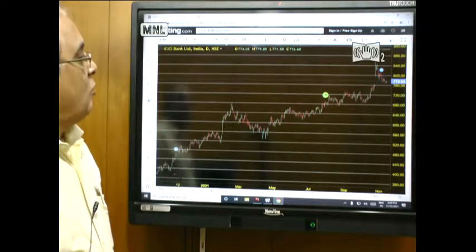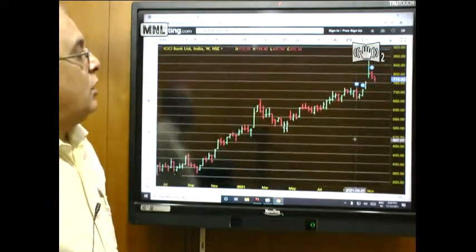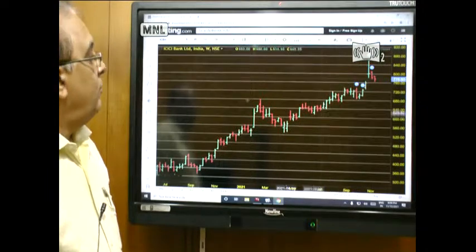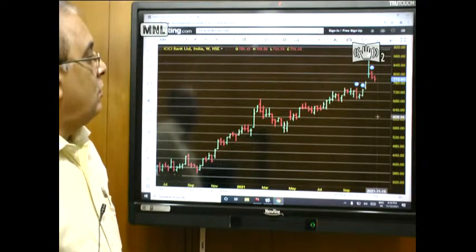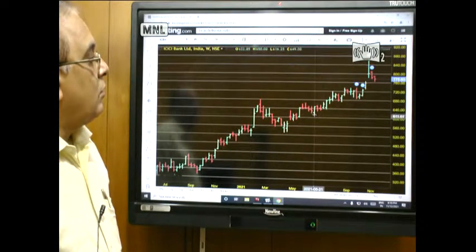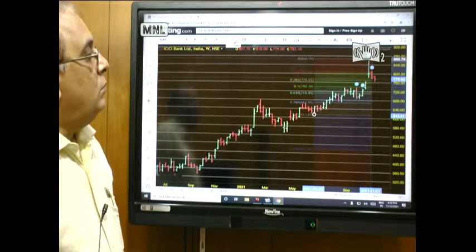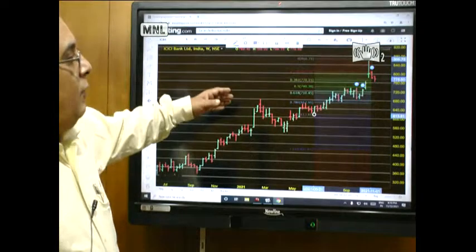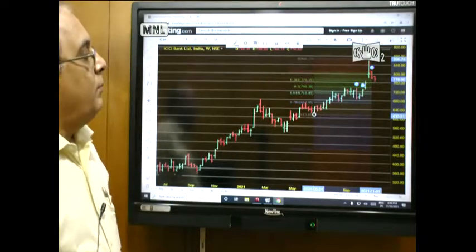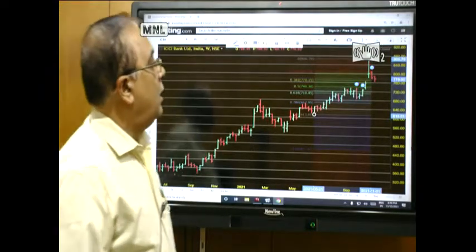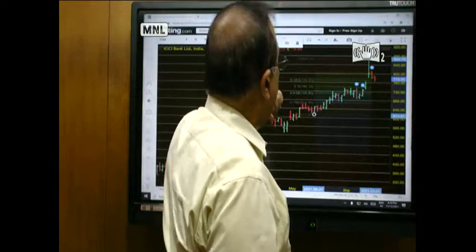Now we will look at probably from this level on a close basis. On weekly basis, we'll go and see which week we should use. So we will use probably from this week. First was 807, and then 38.2, 770.